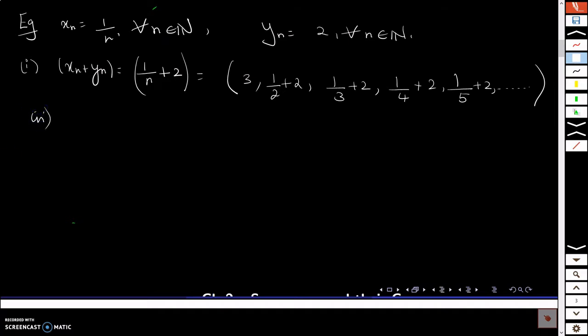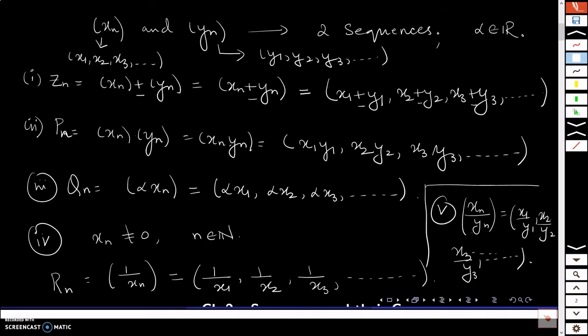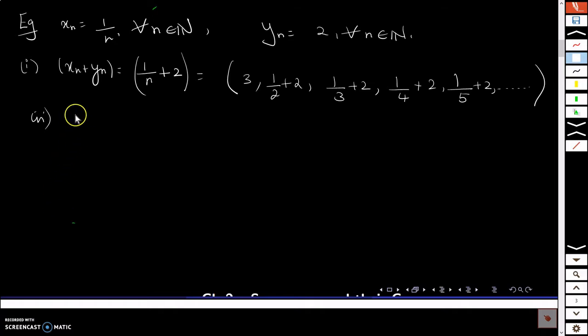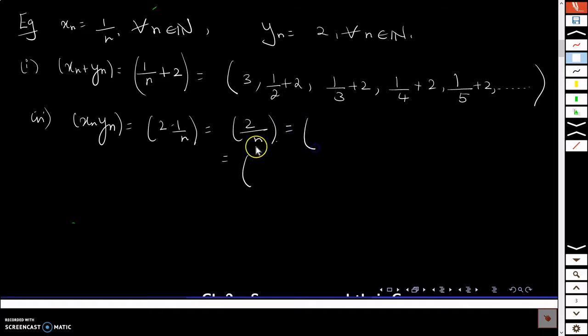right? Then what we did was we multiplied two sequences. So let me multiply now. This sequence xn yn will be 2 into 1 by n, and that will be 2 by n. And how will this sequence look like? When n is equal to 1, it will be 2.